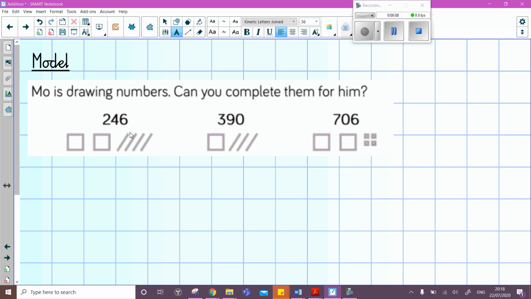And then let's check how many tens he's drawn. 10, 20, 30, 40. So far we have 240, but we need 246. So what I'm going to draw are the ones, and I need 6 ones. 1, 2, 3, 4, 5, 6.